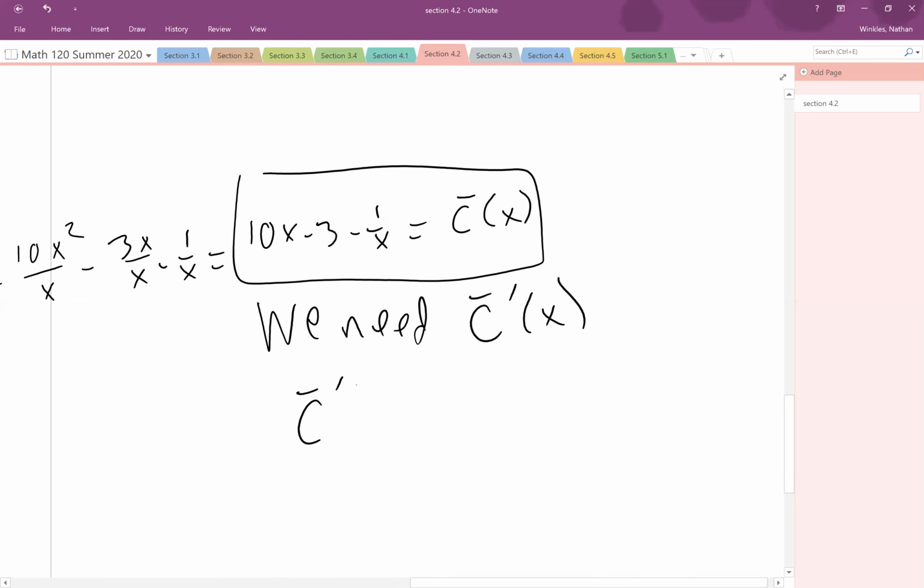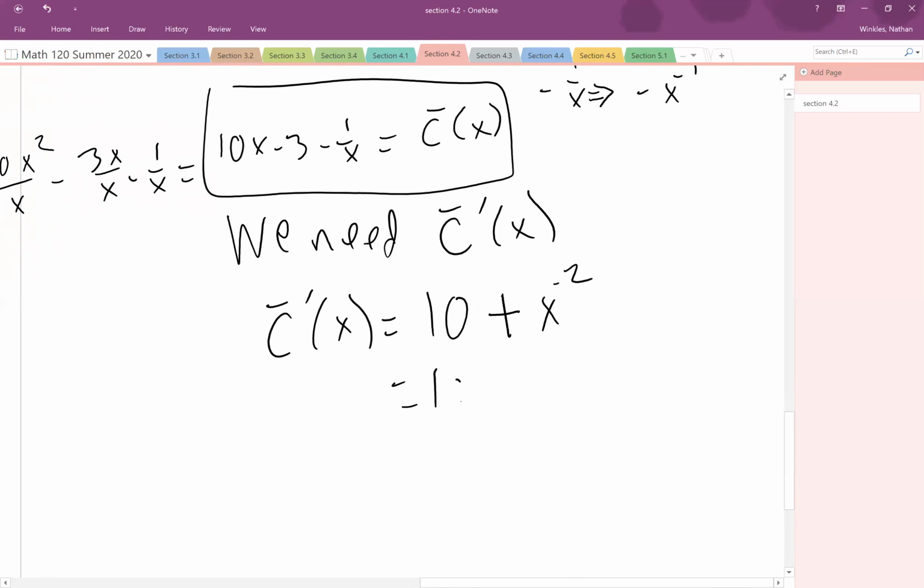So C bar prime of x now is 10 minus, the derivative of negative 3 is 0. The derivative, remember, minus 1 over x is the same thing as minus x to the negative 1. So its derivative would be plus x to the negative 2, or 10 plus 1 over x squared.